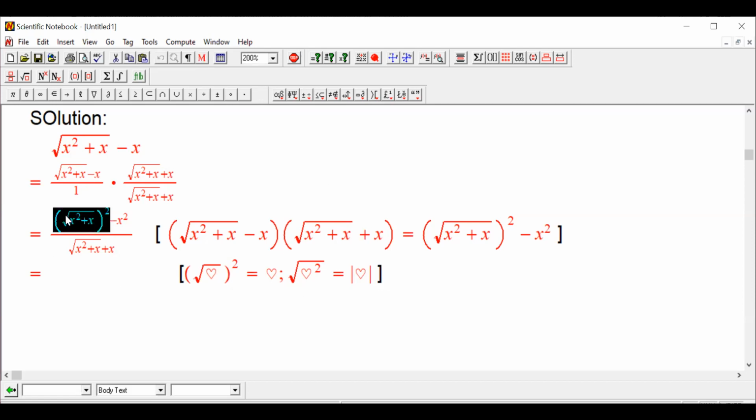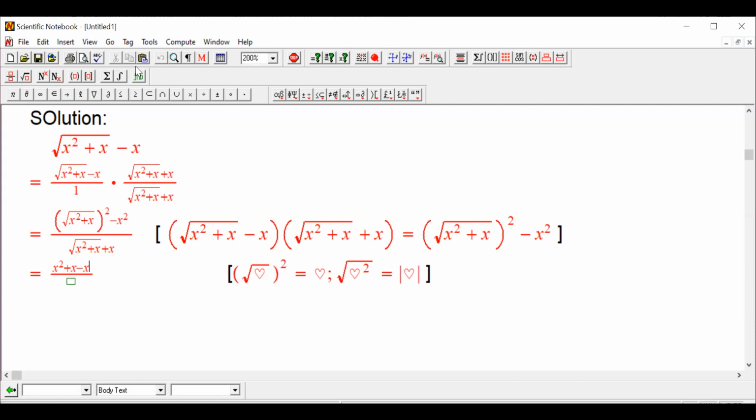So this piece we have here is the first case. After taking the root, we square it. So what we get is x squared plus x on the top, minus x squared, and the denominator, of course, stays the same.